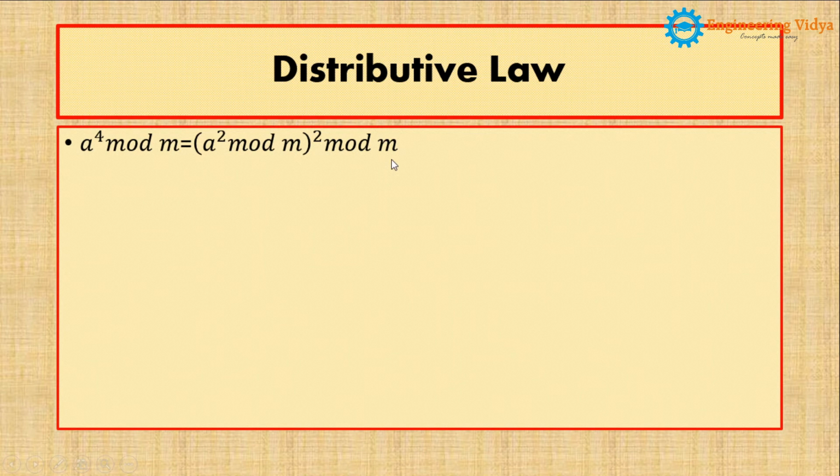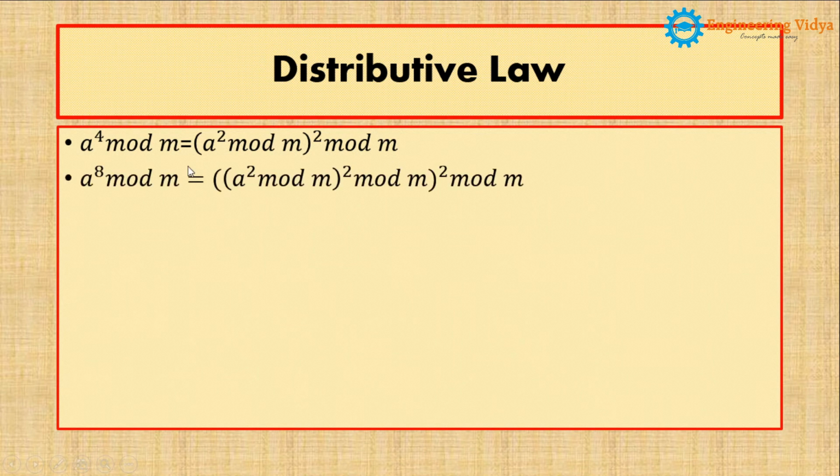The second example: if you want to calculate a power 8 mod m, how will the distributive law be applicable? First take a power 2 mod m. Whatever result comes, we take the square of that result and then again take the mod of m. So 2 into 2 becomes 4. Now one more 2 is pending.